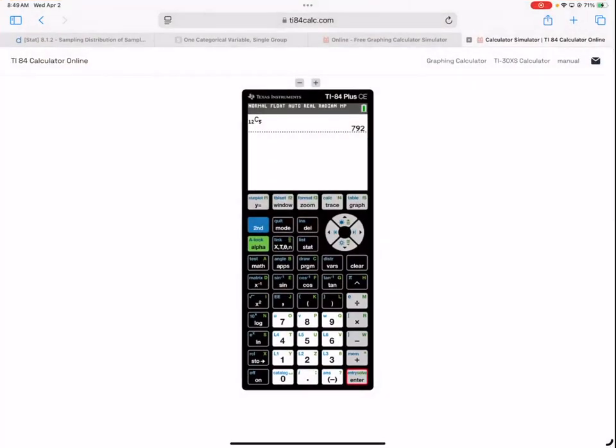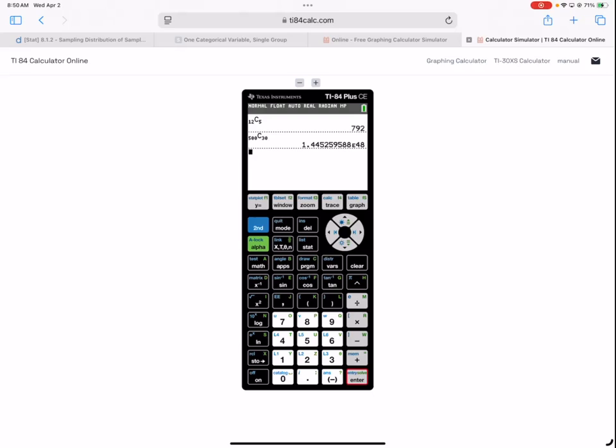If I do math, nCr, and I say there's 500 students and I select a sample size of 30, that's how many possibilities there are. That is 1 followed by 48 zeros. That's like a trillion, trillion, trillion, trillion different ways of doing it.